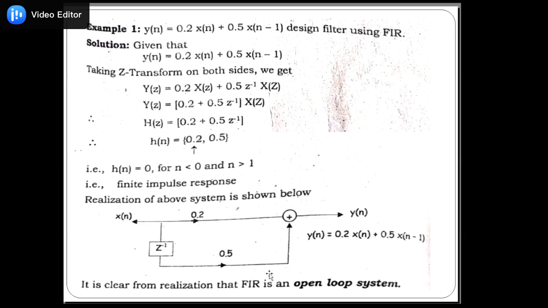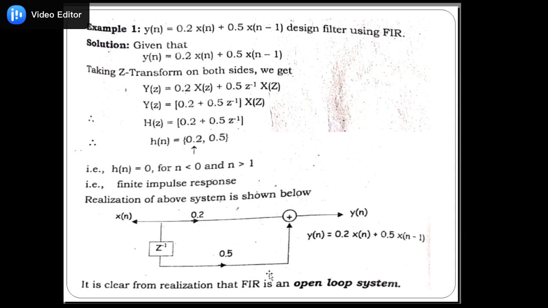Then taking z transform on both sides, we get Y(z) = 0.2 X(z) + 0.5 z^-1 X(z). Taking X(z) in common, Y(z) = X(z)(0.2 + 0.5 z^-1). When taking Y(z) divided by X(z), that gives H(z) = 0.2 + 0.5 z^-1. Taking the inverse, h(n) will be generated: 0.2, 0.5, then h(n) equals 0 for n less than 0 and n greater than 1.